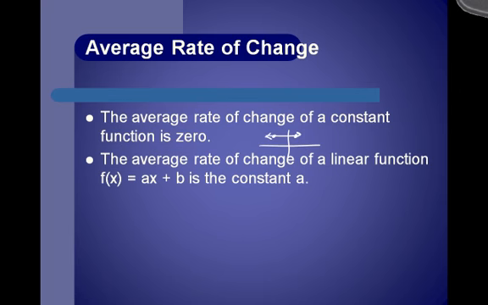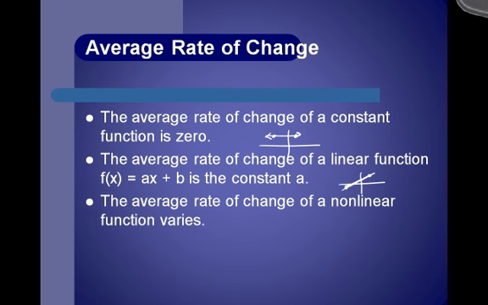The average rate of change of a linear function, f of x equals ax plus b, is the constant number a. Well, think about it. If you have a linear function, the graph is a straight line, so if you pick any 2 points on that line, then the rate of change is just going to be the slope.